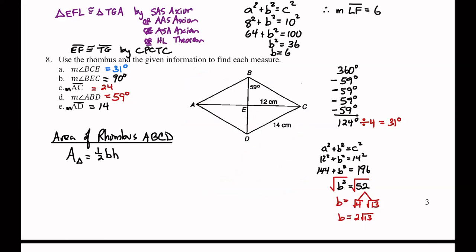This one has a measure of 2 radical 13 by 12, this one also has a length of 2 radical 13 by 12, same triangle. This distance here is 12, so we're looking at 2 radical 13 by 12, and another 2 radical 13 by 12, all with hypotenuse equal to 14. They're 4 congruent triangles.